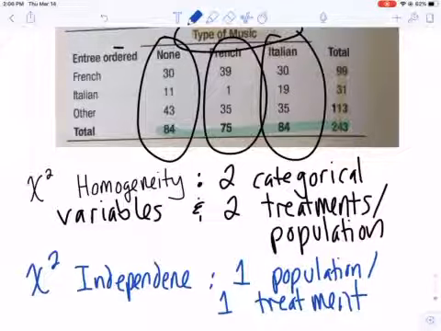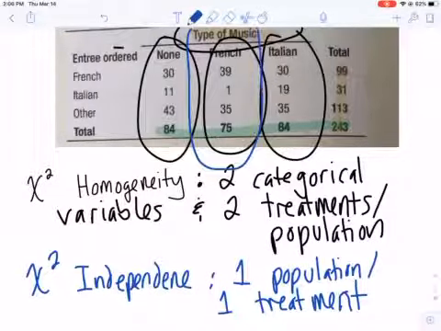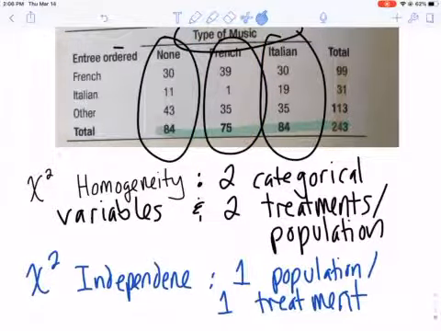An example there is if I just took all the people who listen to French music and I wanted to see how many of them ordered French food, and maybe I subdivided them into males and females, maybe old people and young people, that would be a case of independence. But we're dealing with homogeneity here.